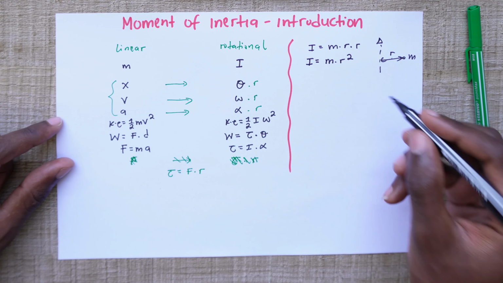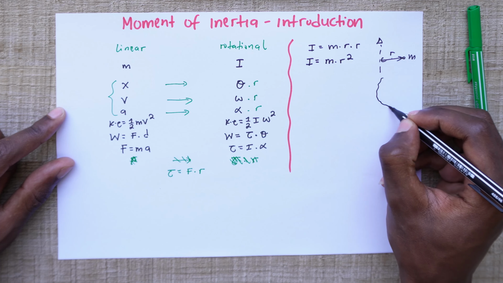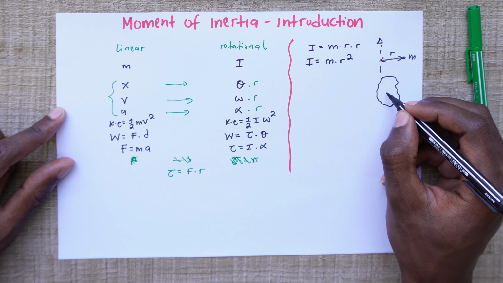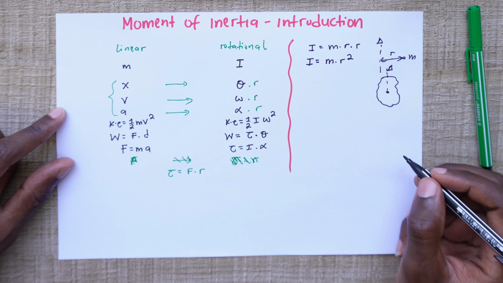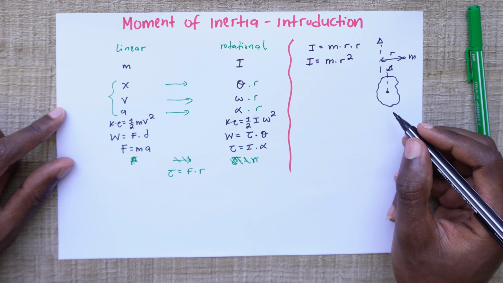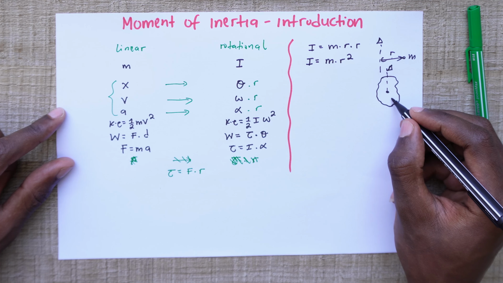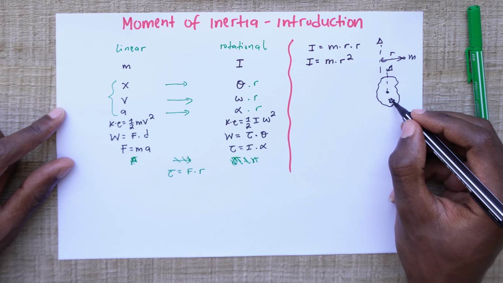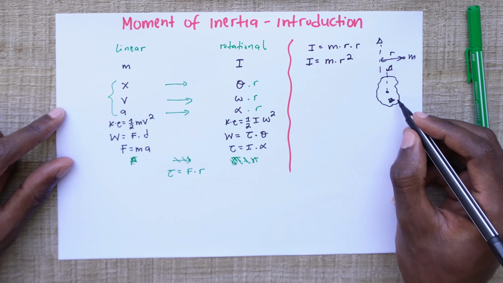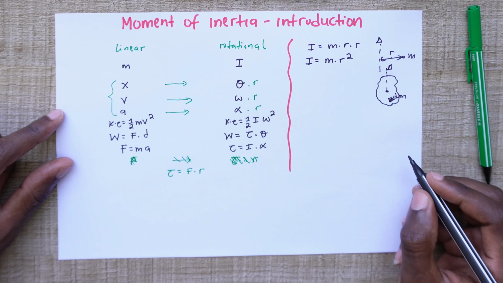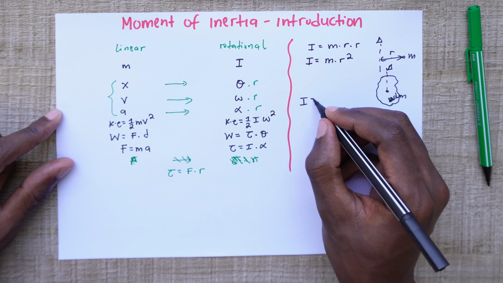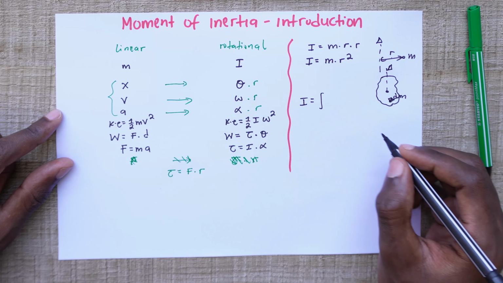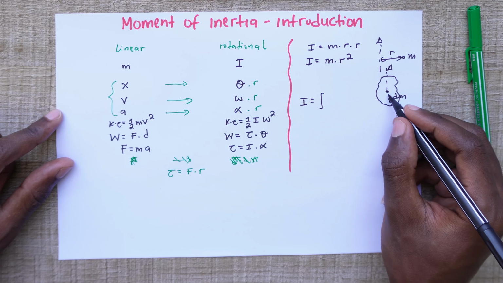Now, if you have a mass distribution, so suppose you have just an object that has a certain mass distribution and you also want to calculate its moment of inertia about an axis delta, then in this case, you need to calculate the moment of inertia of a tiny element, dm, of this mass distribution, and then the total moment of inertia is going to be obtained by integrating the moment of inertia of this tiny element.